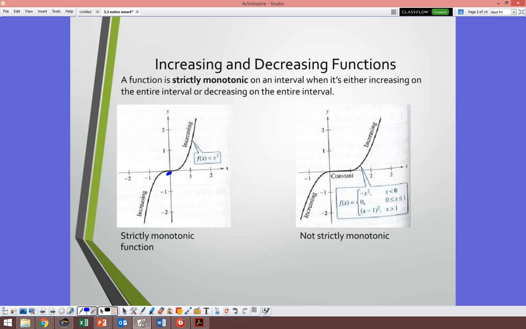So it's all increasing over the whole thing, but at that one point I get a 0. On the other side of it, it's increasing again. On the left side of it, it's still increasing. So that one is not.